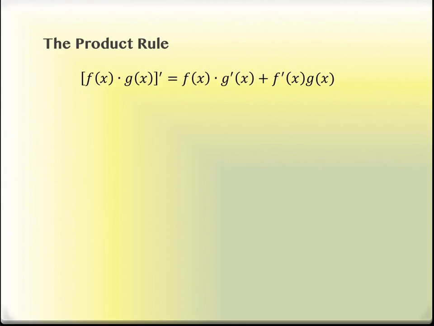The order of these things doesn't matter. Multiplication is commutative, so I could switch the order of these and put g prime first and f of x second. I also could switch this because addition is commutative, and I could flip these around. In fact, if you flip those around, that's the definition that a lot of resources will give you instead of the one I'm giving you. I like to do it in this order, but I don't care if you do it in a different order.